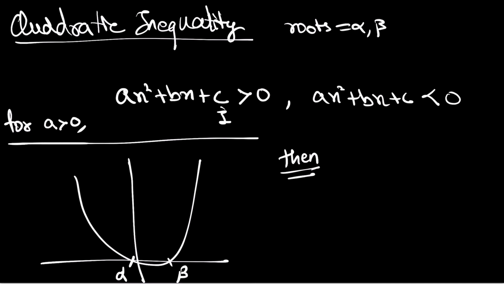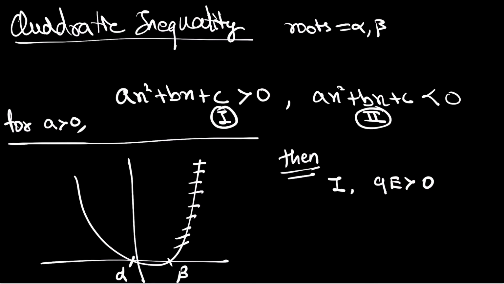Let's say this is case 1 and this is case 2. Then for the quadratic to be positive, you can see that it is positive outside the dashed line only, because between alpha and beta it is negative, and apart from this it is all positive.